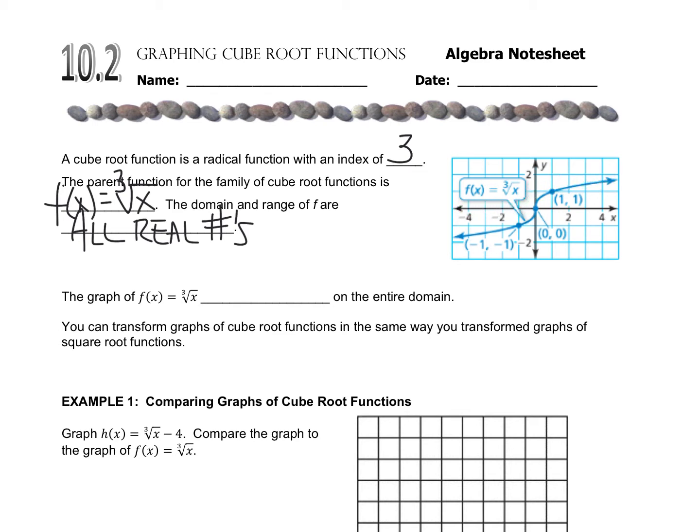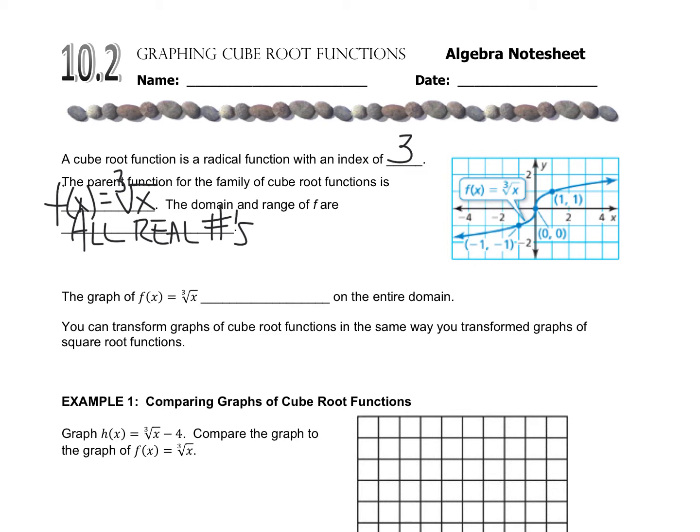Notice this is showing a domain of all x's, so all real numbers for the x's. I see these arrows going on forever on the positive side and on the negative side. But I'm also seeing y values going on forever. Now these are fading very slightly, but they would go on forever, just like these would keep dropping forever. So here's a situation where both the domain and the range are all real numbers.